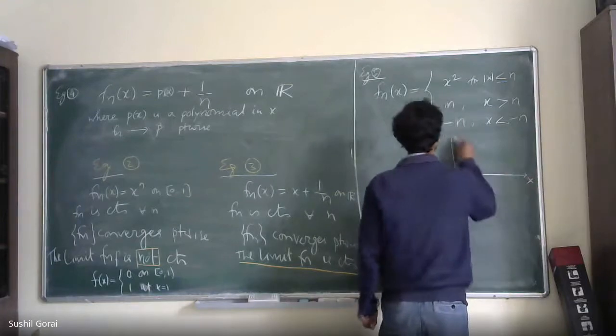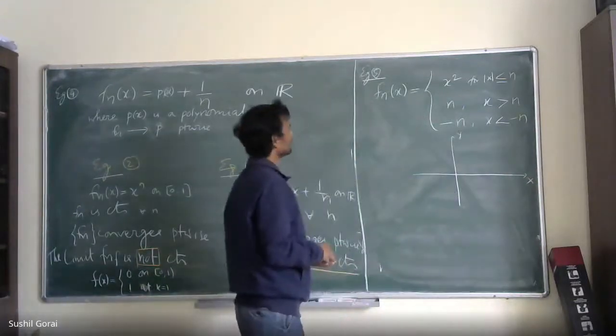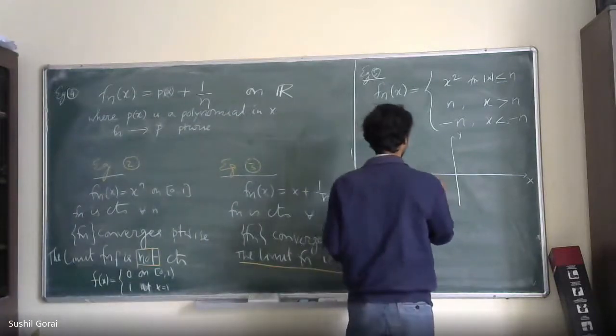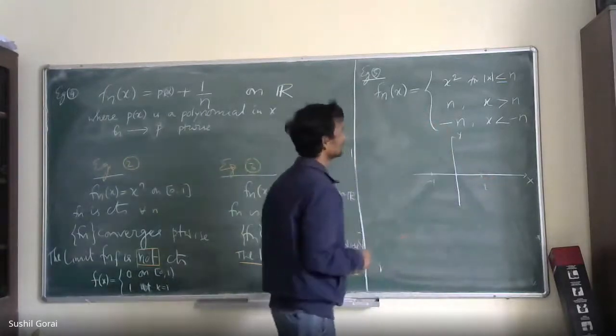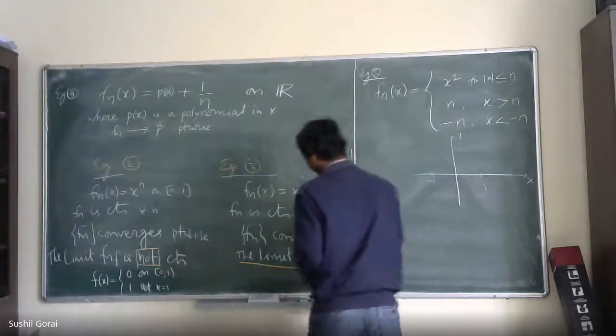So this is the x-axis, this is the y-axis, f(x). For example, for f1, you have this from minus 1 to 1. You have y equal to x squared. So you have this.